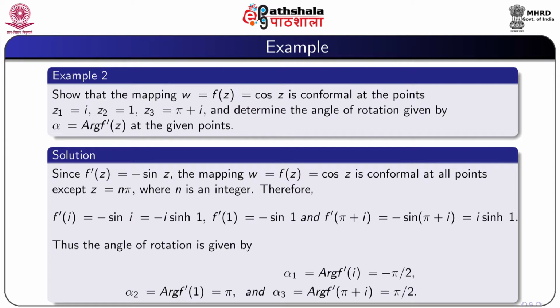Thus, the angles of rotation are given by α1 = arg f'(i) = -π/2, α2 = arg f'(1) = π, and α3 = arg f'(π + i), which is equal to π/2.